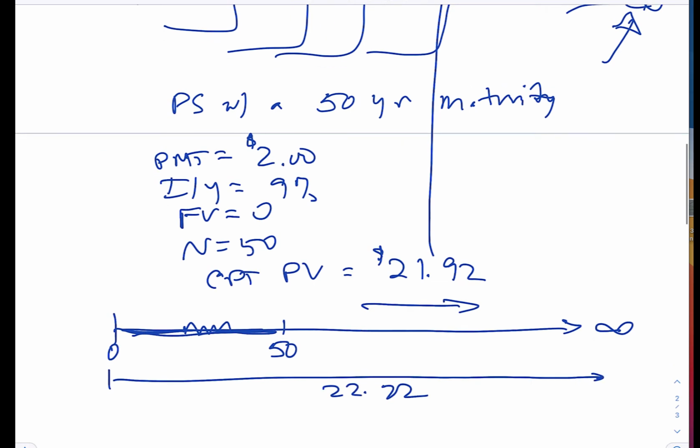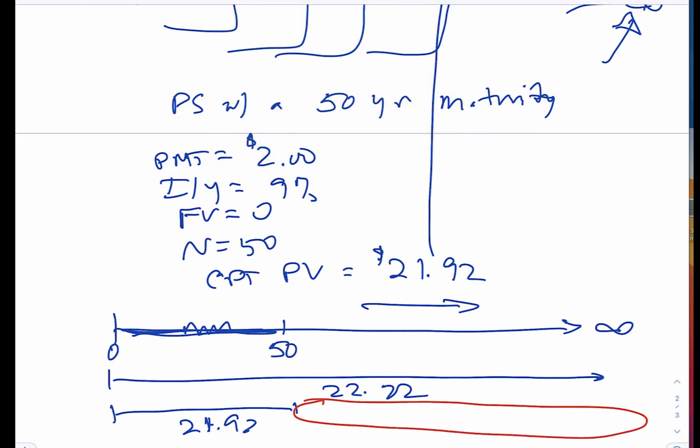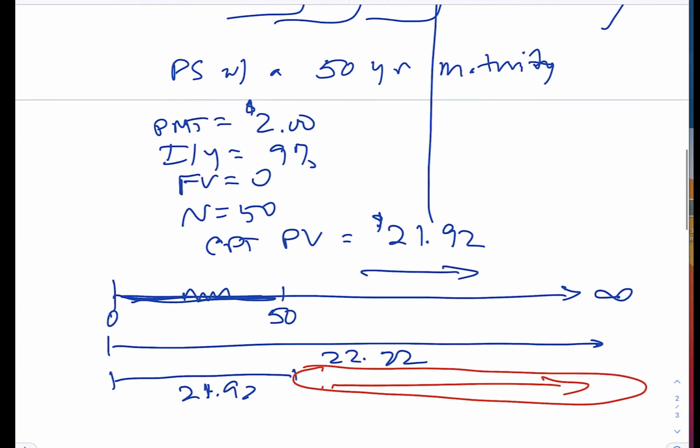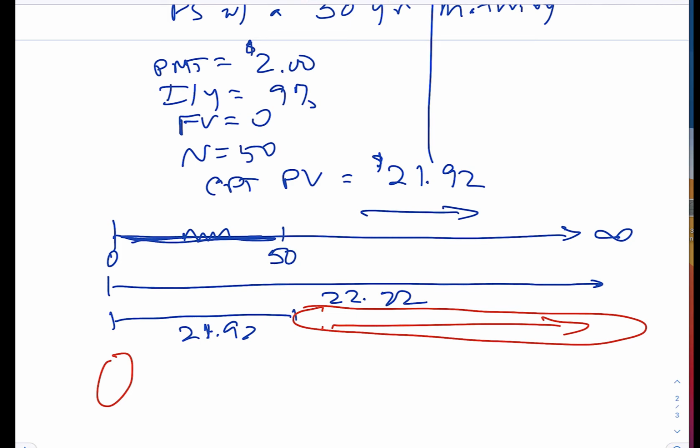And if we have a preferred stock that only goes out 50 years, it's worth 21.92. What that means is, the present value of all the dividends in year 51 all the way to infinity, what is that worth? The difference between these two numbers, it's worth 30 cents.